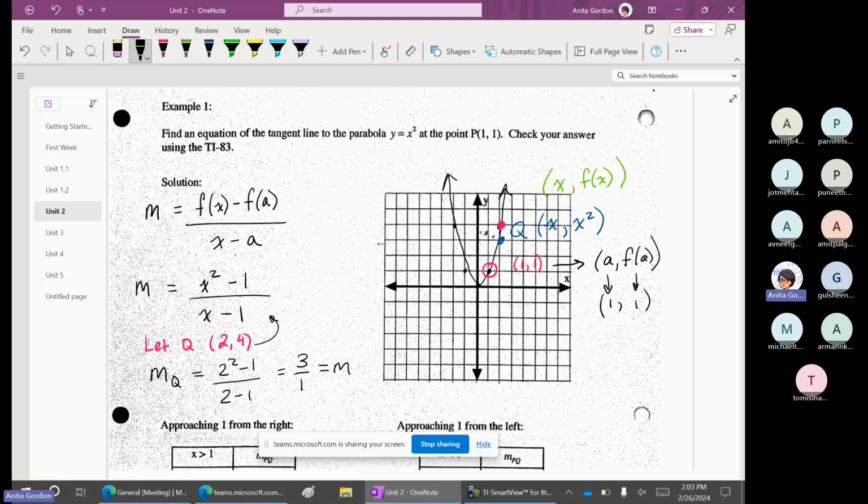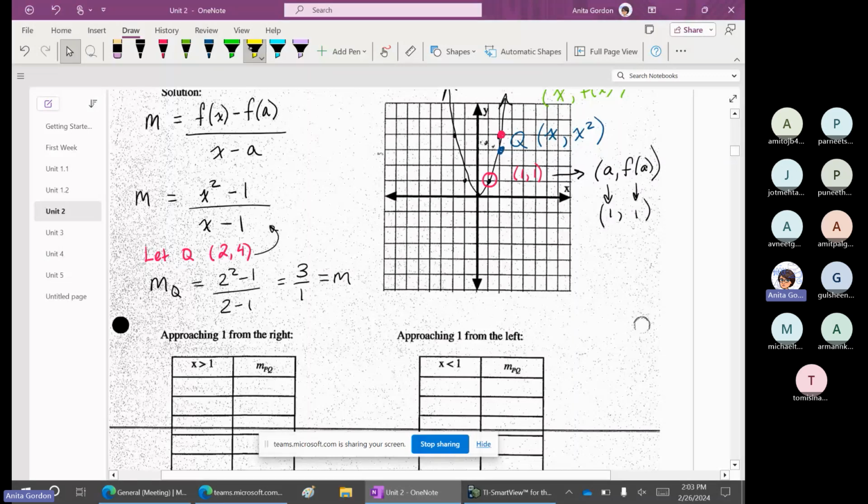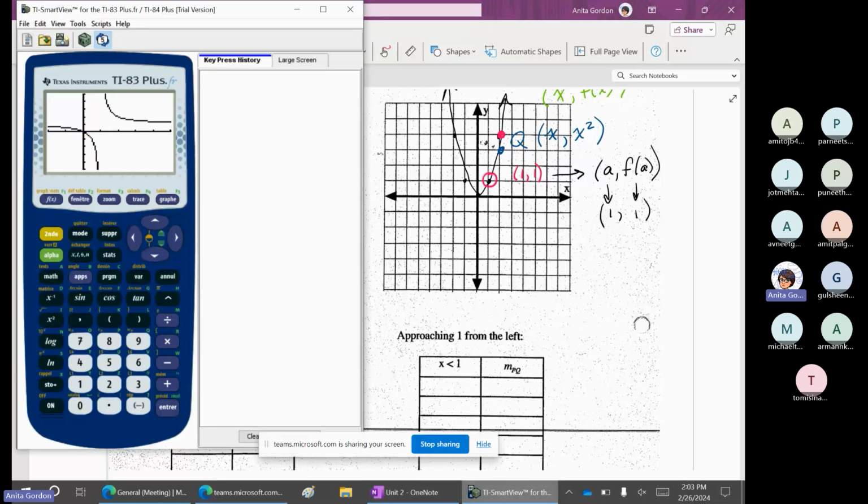Okay, now I want to approach (1, 1). And we're going to approach (1, 1) from the right, but I don't want to have to do this calculation over and over and over again. So we are going to go to our graphing calculator. We are going to go to the Y= button, top left, clear anything that's in there.